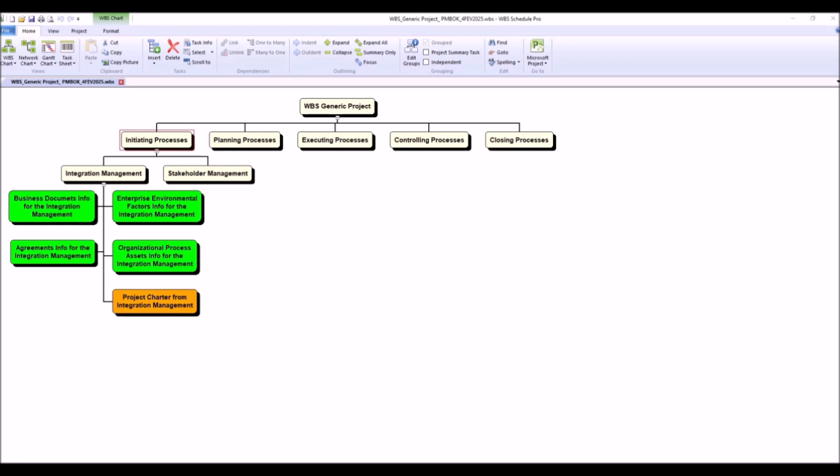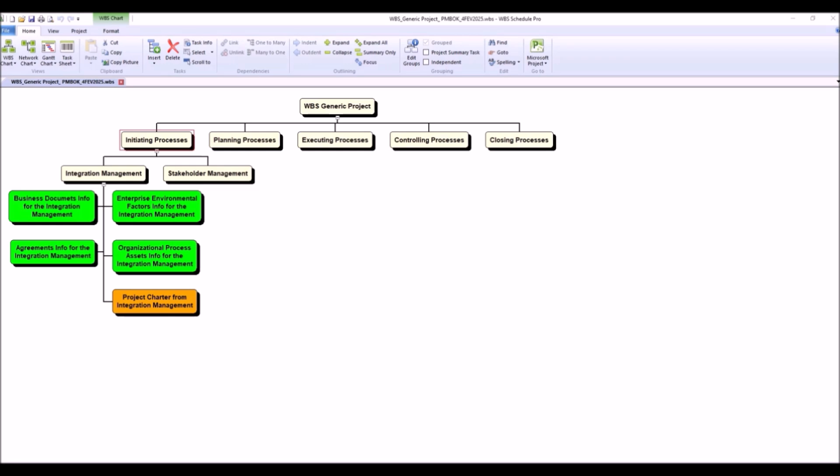It formally authorizes the project, provides the project manager with authority to allocate resources and execute the project, and documents high-level project information such as objectives, stakeholders, and success criteria. It serves as a reference point throughout the project lifecycle.